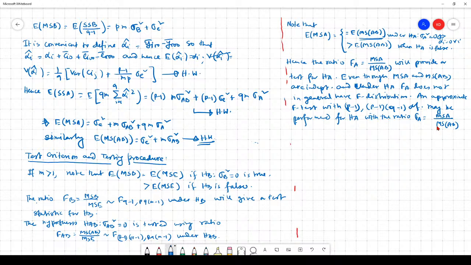So now consider the Anova table. First column is source of variation. Second column is degrees of freedom.